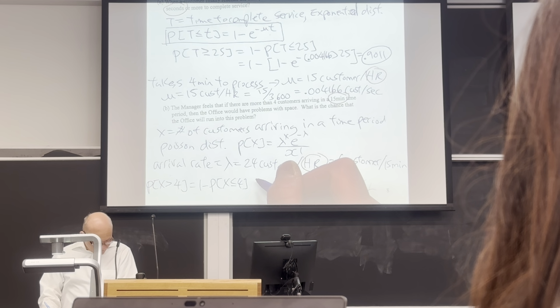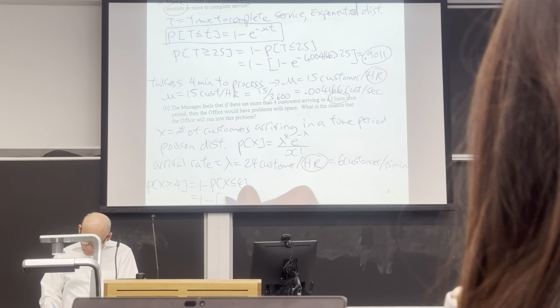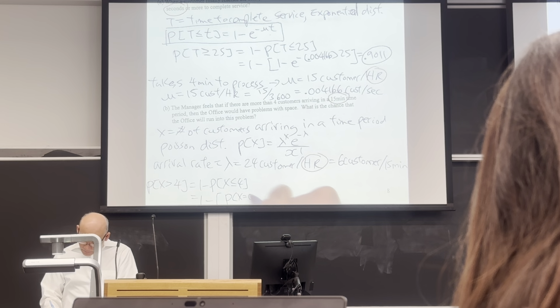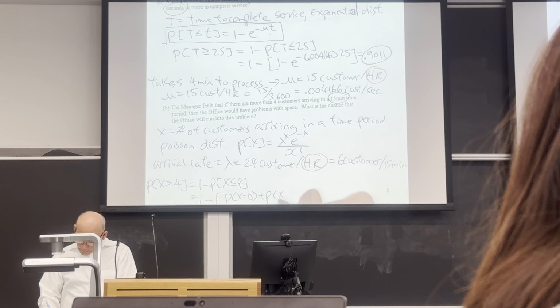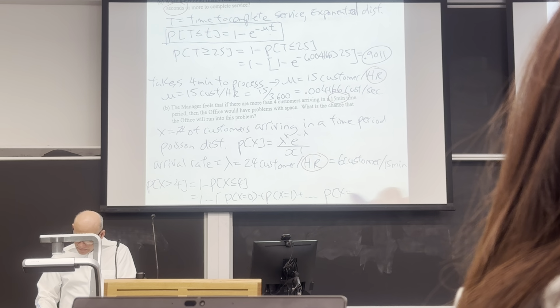So this is then 1 minus the sum that includes X being 0, X being 1, up to X being 4.